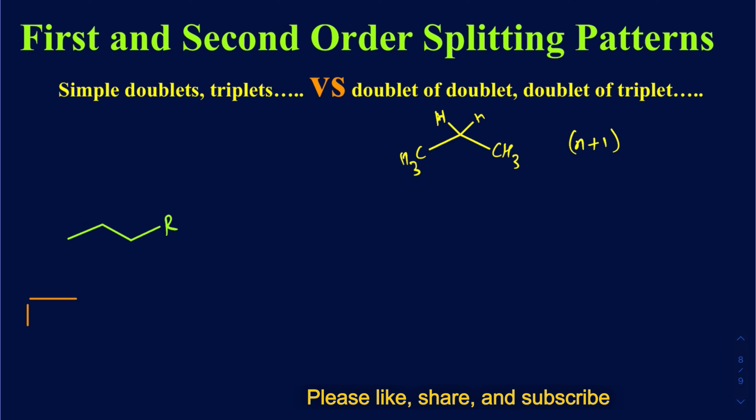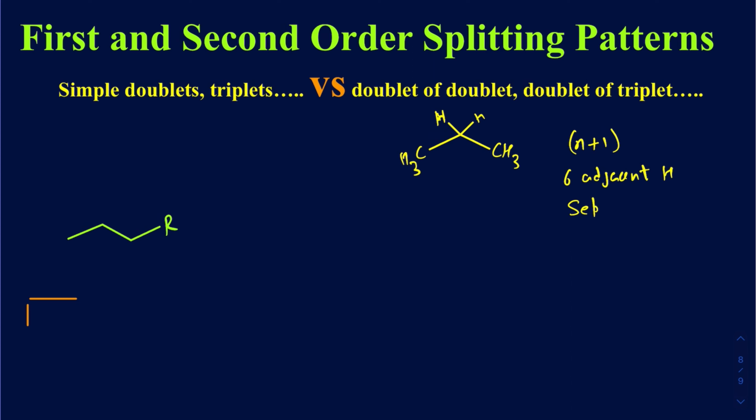Right now I have 6 adjacent hydrogens, so the number of peaks you would see for these middle two protons would be a clean septet. So that's a first order splitting, where the n plus 1 rule is obeyed.